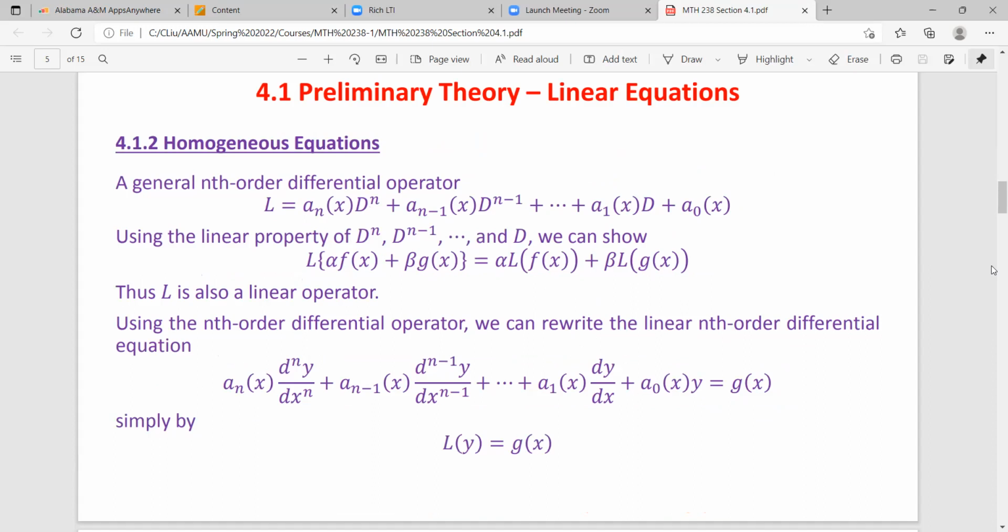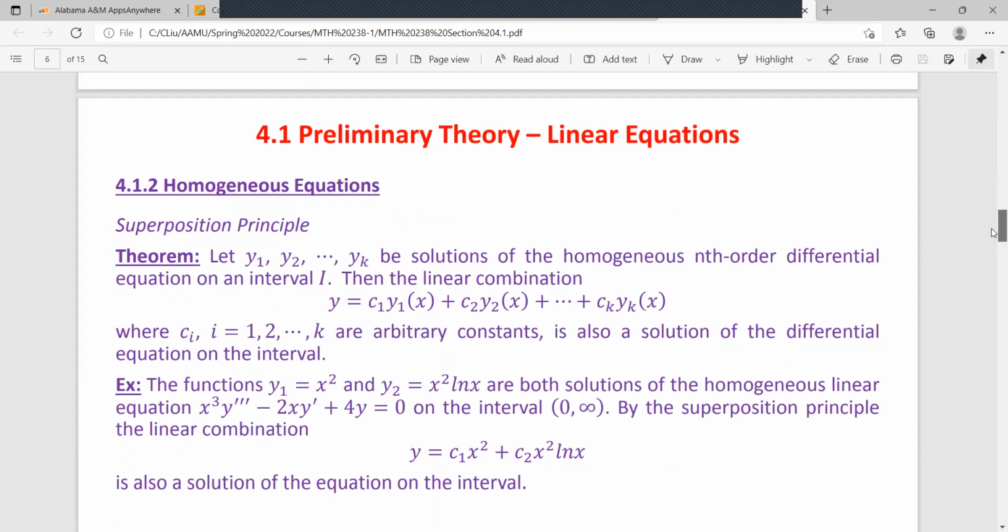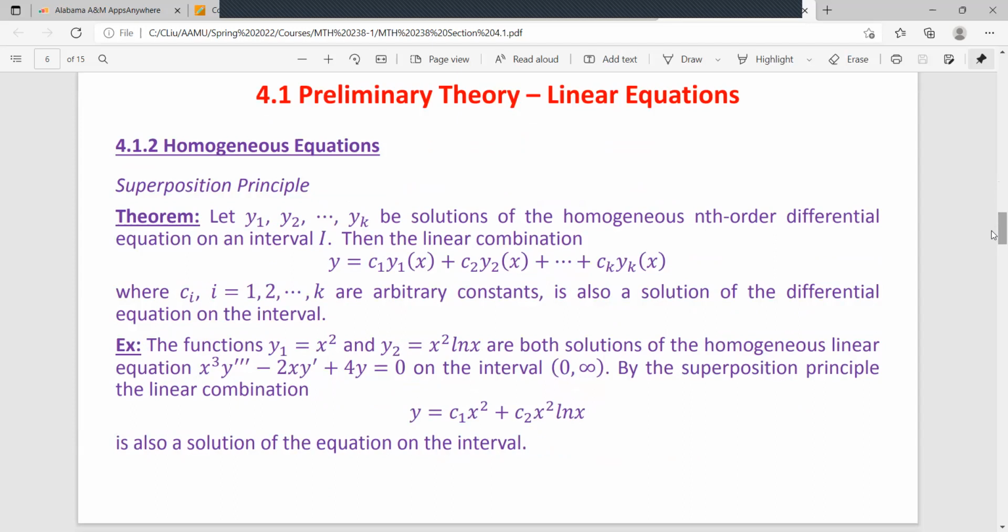So using the linear differential operator, we can write the differential equation as the operator L, the general nth order differential operator L, applied on the function y equal to g of x. When the differential equation is homogeneous, that means g of x equals 0 on the right side of the equation, then the superposition principle applies.